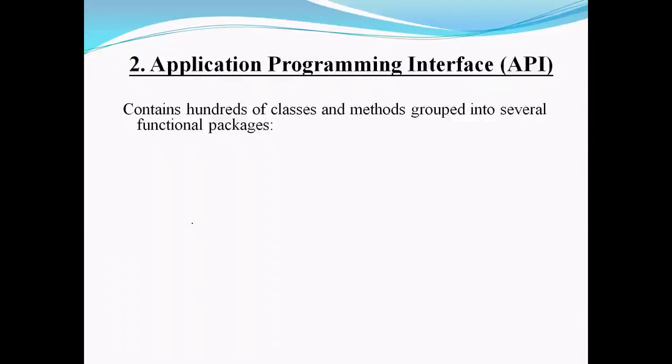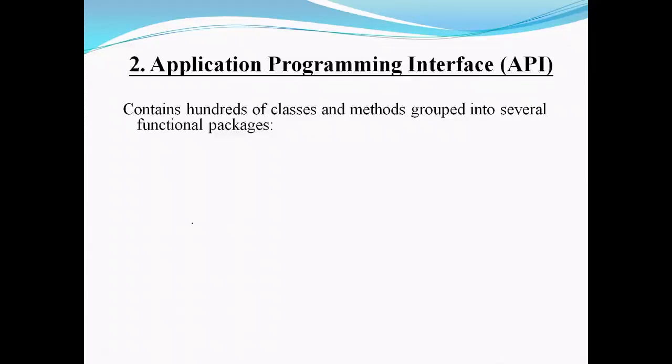These packages or API are used to develop Java programs, or you can say it simplifies development of Java programs. The packages used in a Java program contain a predefined set of classes which can be used in our program.